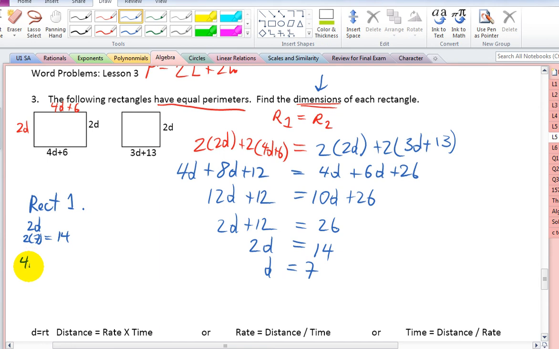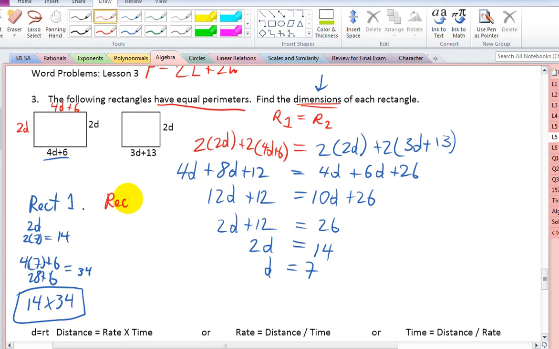The other one is going to be 4 times 7 plus 6, because the dimension is 4D plus 6. So 28 plus 6, what's that? 34? So rectangle 1 is 14 by 34. That's one answer. See how they tricked you? There's a lot more work to do.